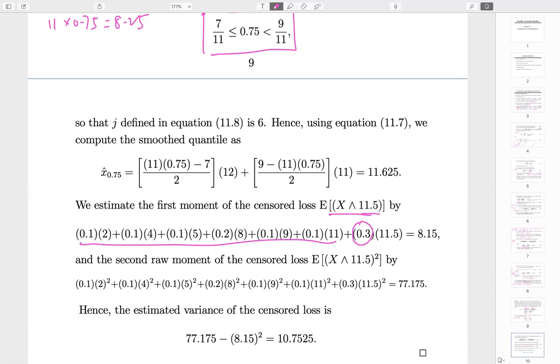Okay, since we want variance, from here you can directly do the variance if you want, but it's often easier to do the second moment, because you need to square all the observations, right? If you want to calculate variance directly, it will be 0.1 times 2 minus your mean squared plus 0.1 times 4 minus your mean squared, and so on.